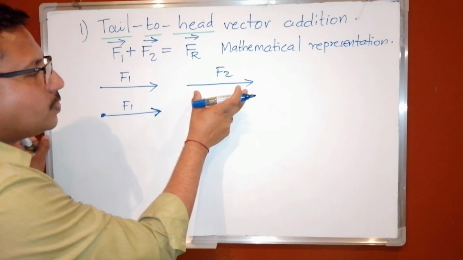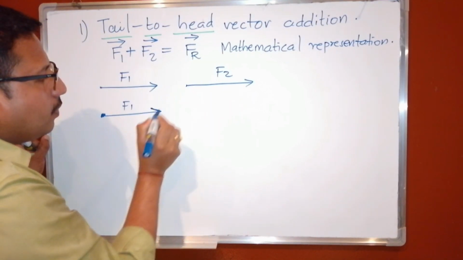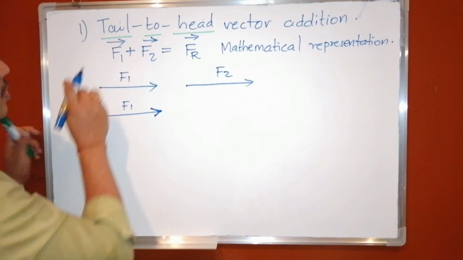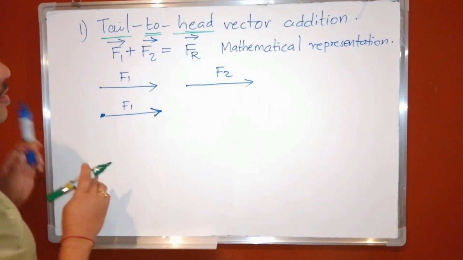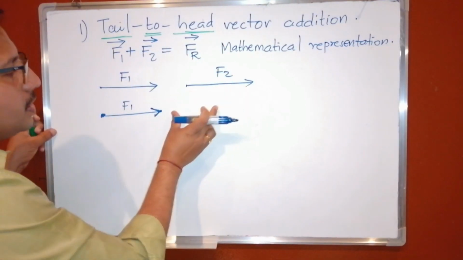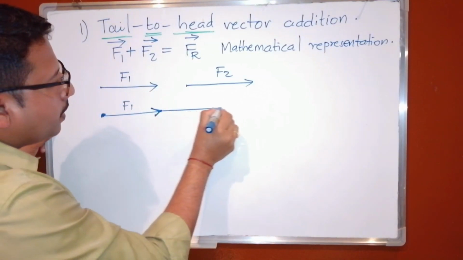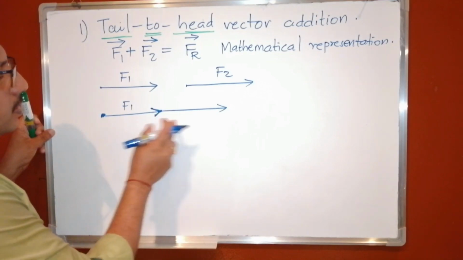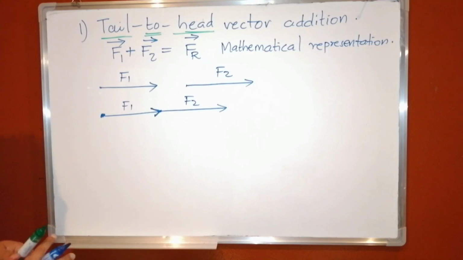So you can move this vector in such a way that the tail of this vector touches the head of the first vector. That's why it got the name tail to head vector addition. This is tail to head vector addition.